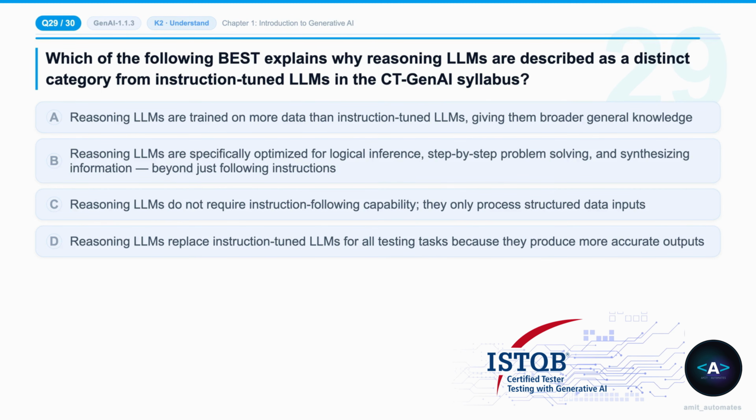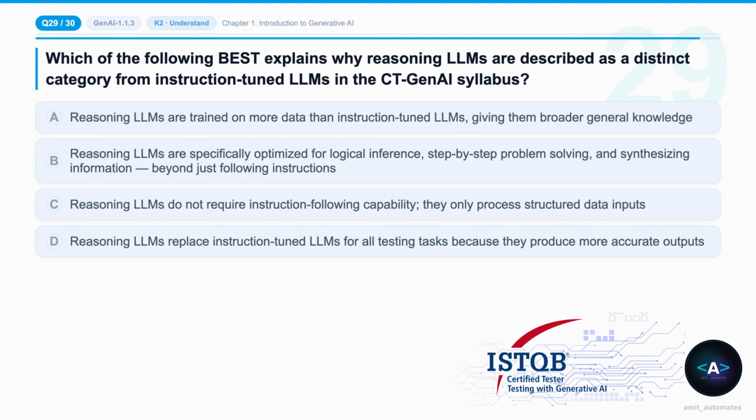Your options are A. Reasoning LLMs are trained on more data than instruction-tuned LLMs, giving them broader general knowledge. B. Reasoning LLMs are specifically optimized for logical inference, step-by-step problem solving, and synthesizing information beyond just following instructions.